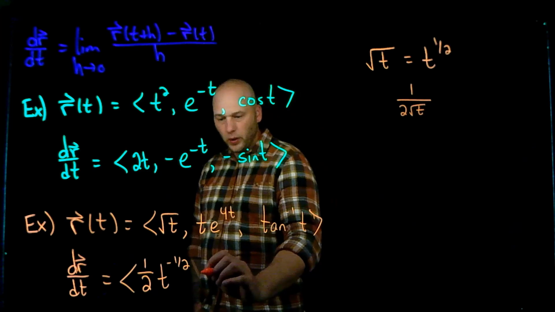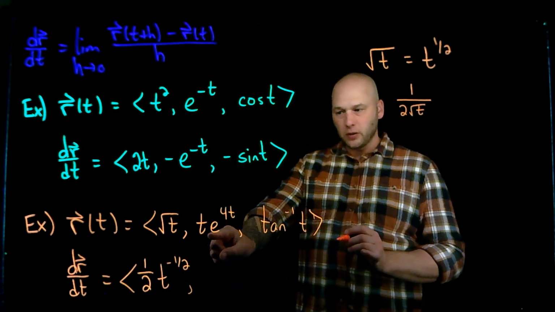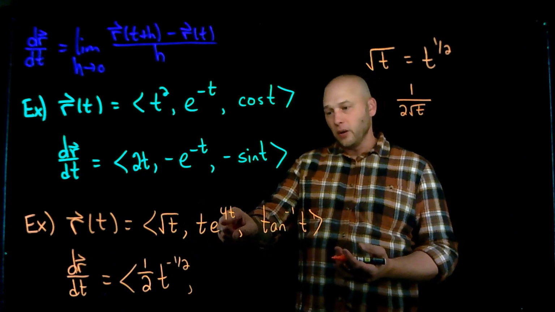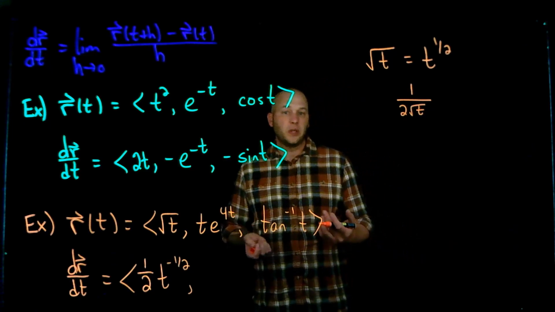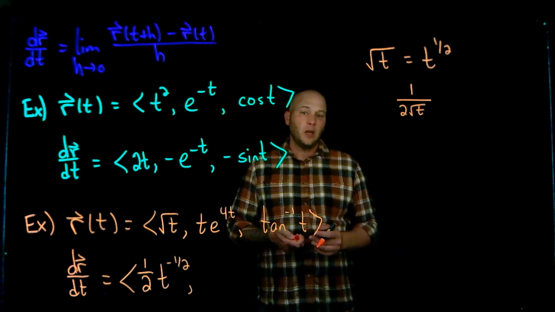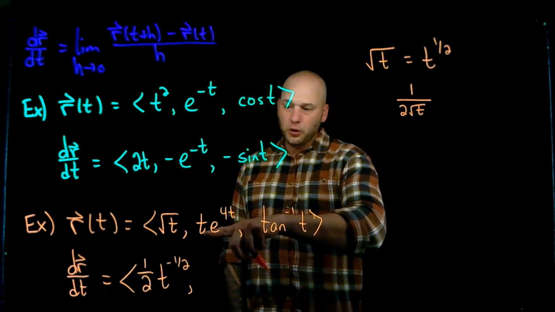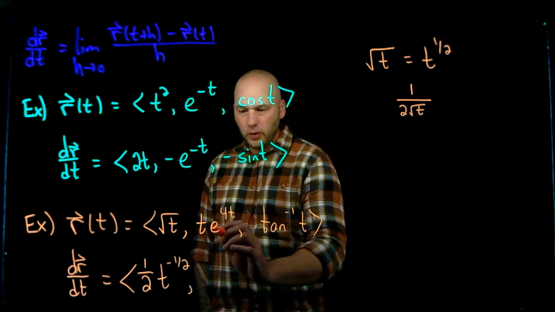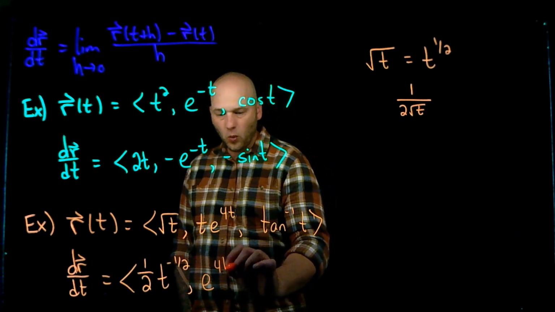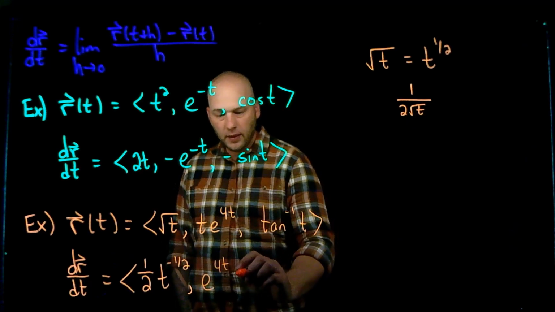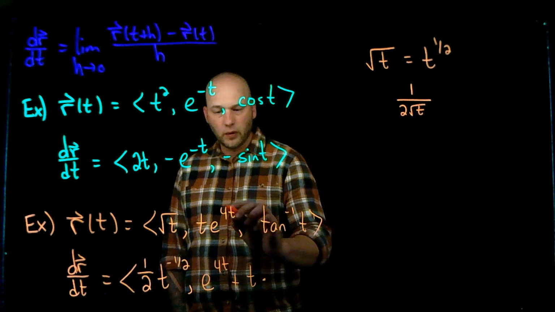t e to the 4t, well, let's see. This consists of a product of functions, so product rule, and then also inside of the exponential, I've got a 4t, which means I've got a composition. Composition tells me that I'm going to use the chain rule. So the derivative of t e to the 4t would be the derivative of the first factor, which is 1, so 1 times e to the 4t, and then plus t multiplied by the derivative of the second factor.